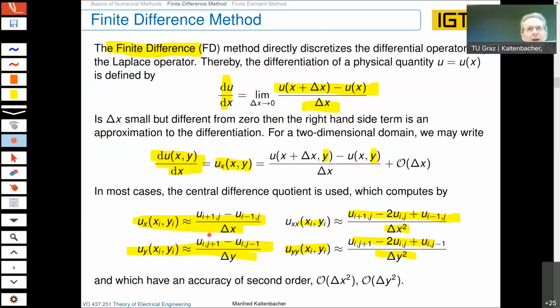If this is the x coordinate, if this is the y coordinate, you again need the upper and the lower value in order to do this approximation. And the nice thing is you are accurate up to second order. So it's not only first order, it's really second order.